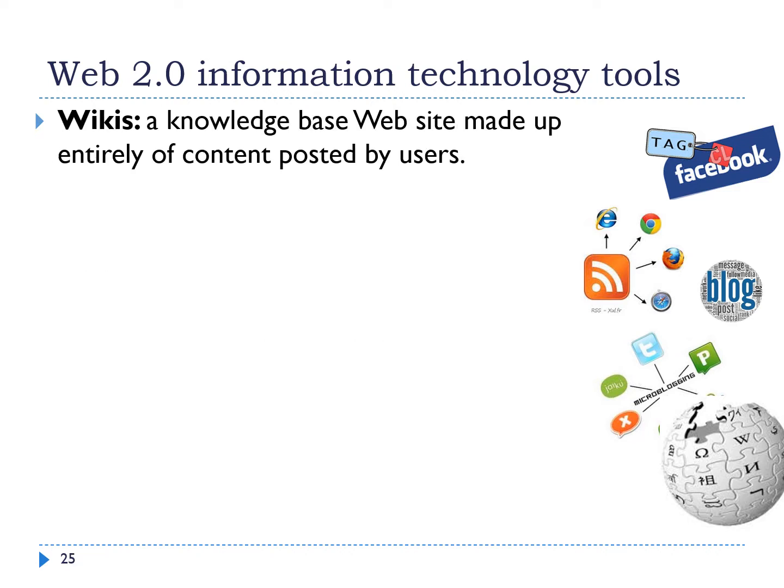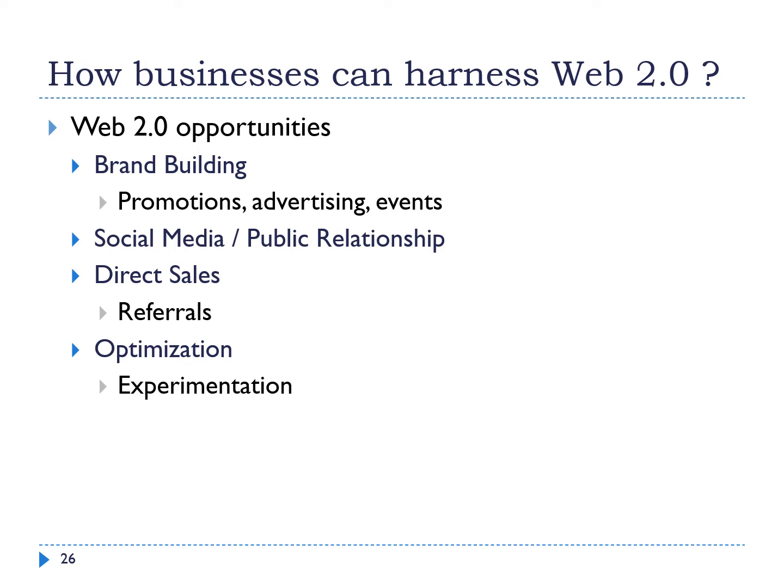Wikis are knowledge-based websites made up entirely of content posted by users. Next, let's take a look at how businesses can harness Web 2.0. Web 2.0 creates opportunities for brand building, public relationship development, direct sales to the customers, and optimization of the websites.